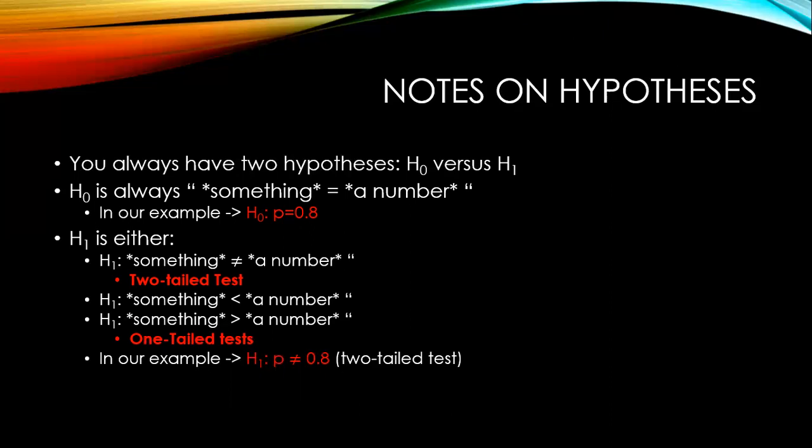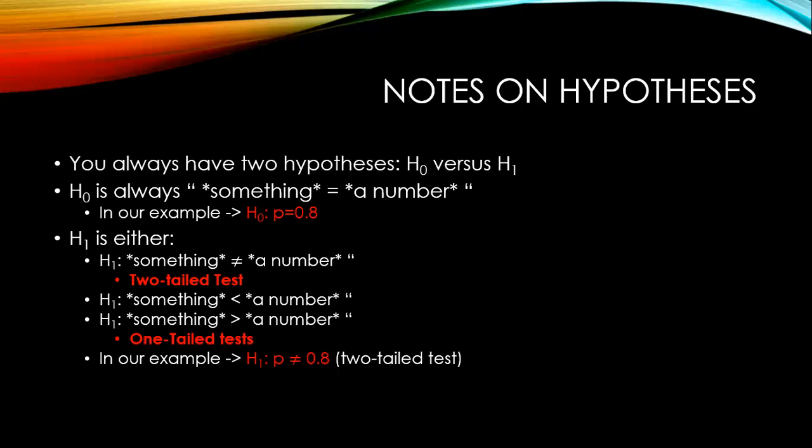In our example, you have a suspicion that in your town, the proportion was not equal to 80%. In our hypothesis test, the alternative hypothesis is that the proportion is not equal to 0.8 probability. So this would be a two-tailed test.